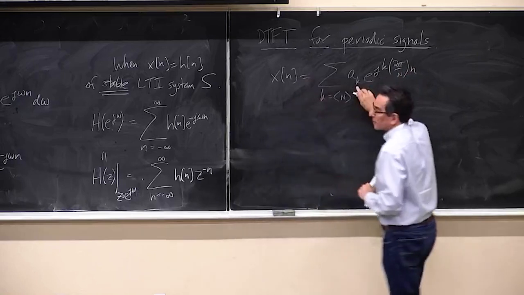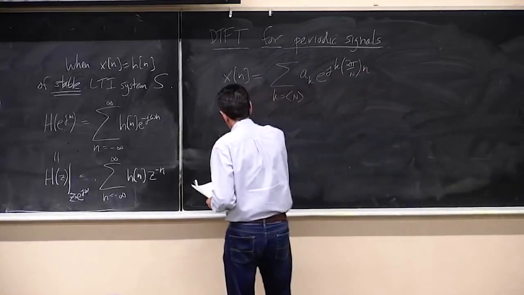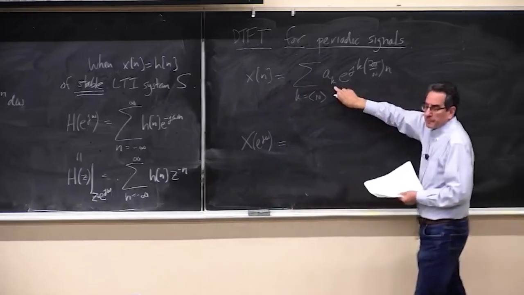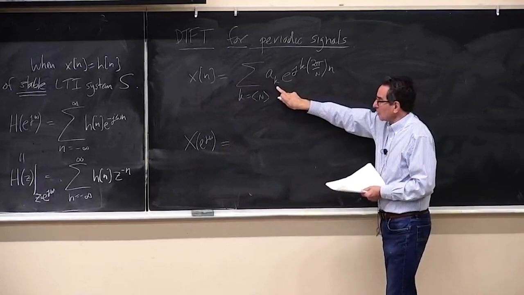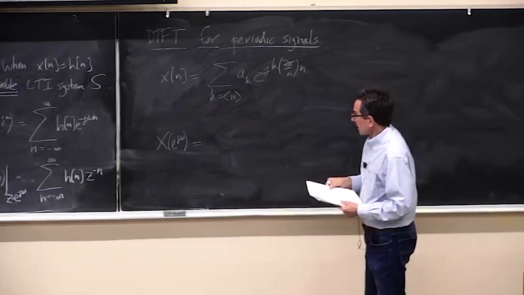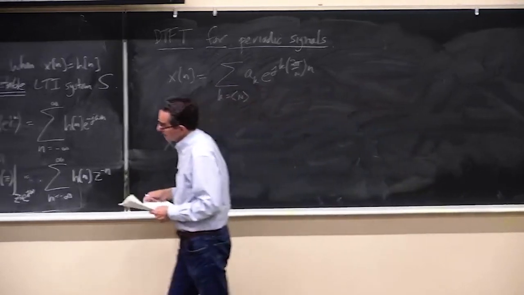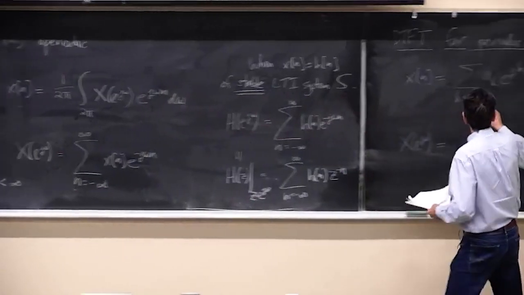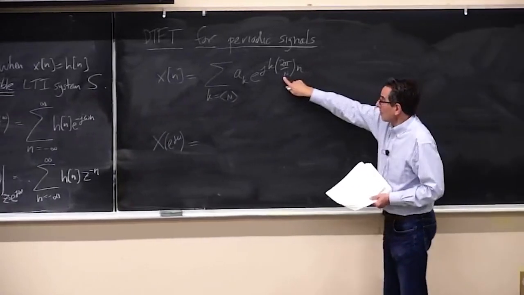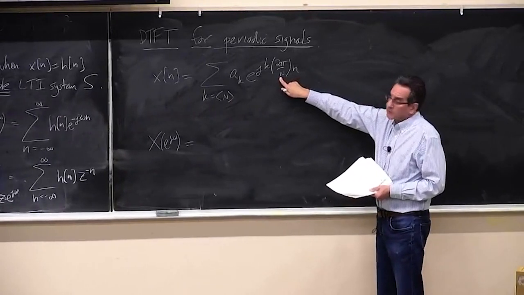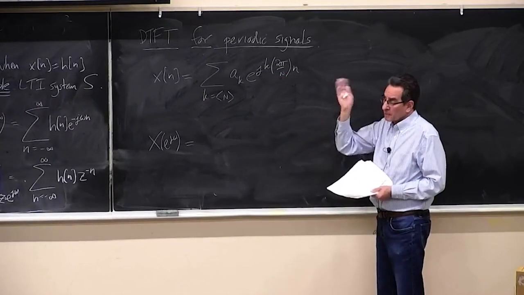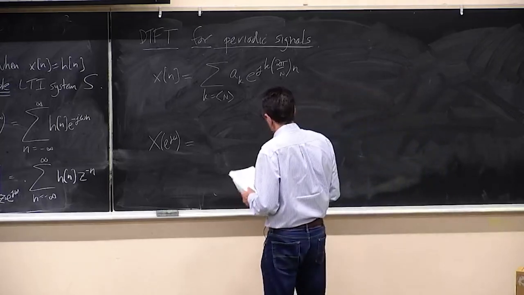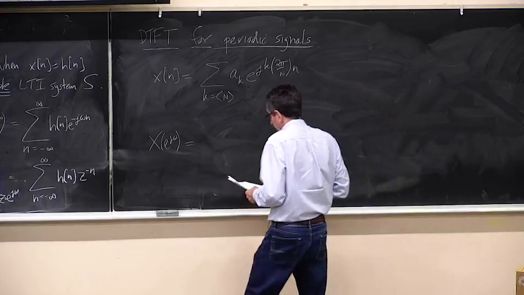So we have these Fourier series coefficients, and we figure that the Fourier transform should somehow be related to these. Just like in continuous time, remember this is a continuous function of frequency, if the signal is concentrated at harmonics of 2 pi over n, we expect the Fourier transform to have impulses at multiples of the harmonic frequency.